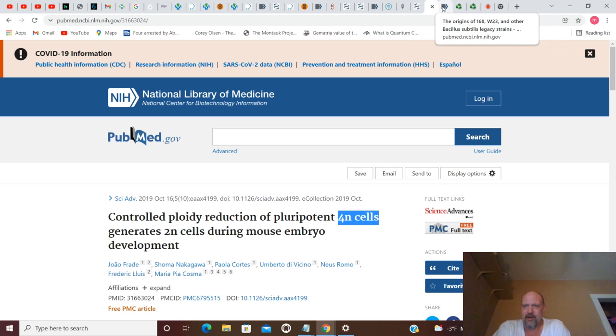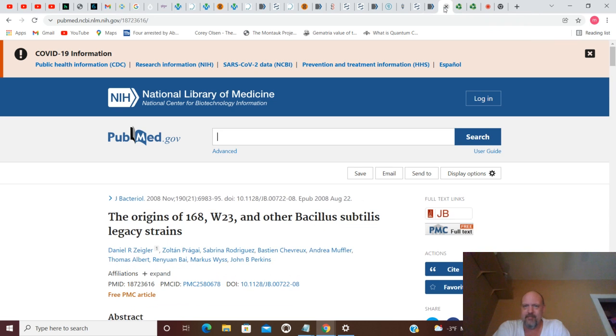And if we move on from that, you have the last thing coming forward, W23. And W23 ends up being the origins of 168, W23 and other Bacillus subtilis legacy strains. So W23 is a Bacillus subtilis legacy strain.